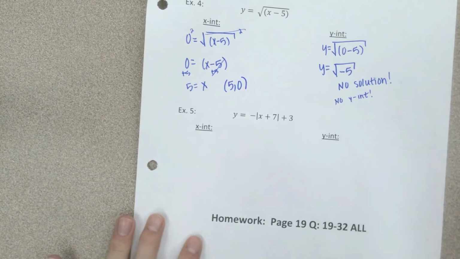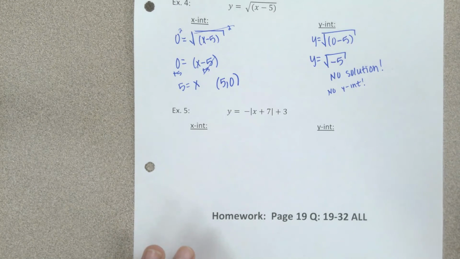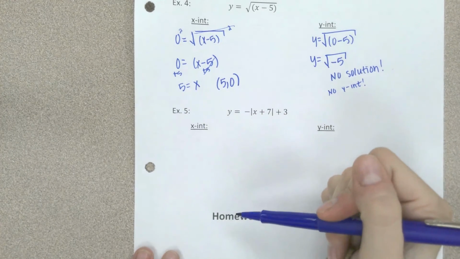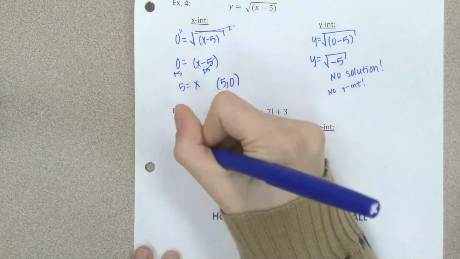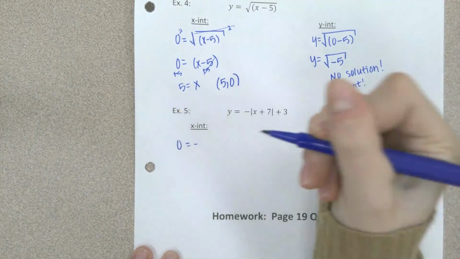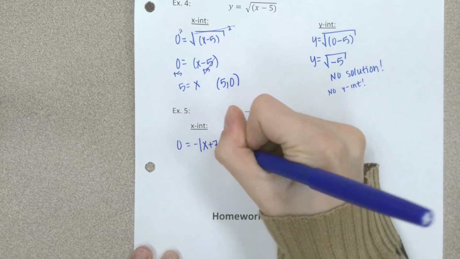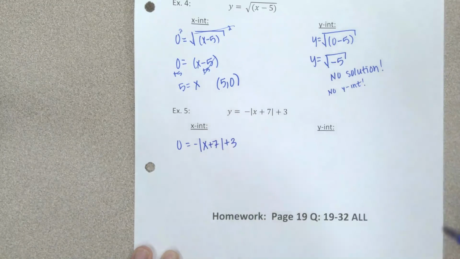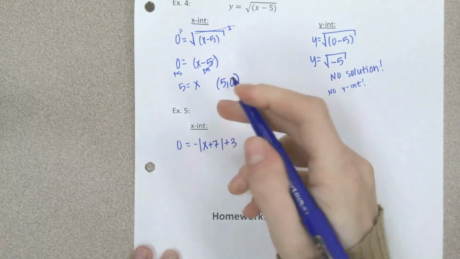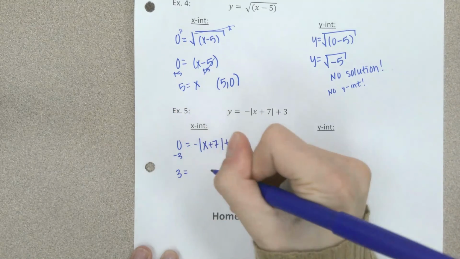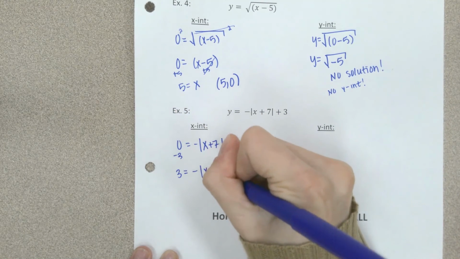Okay, the last example, I tried to go through this a little bit quick for you. X-intercept, once again, what do we do? Plug 0 in for y. We have 0 equals negative absolute value of x plus 7, plus 3. We want to get this absolute value by itself, so I'm going to subtract 3 over.